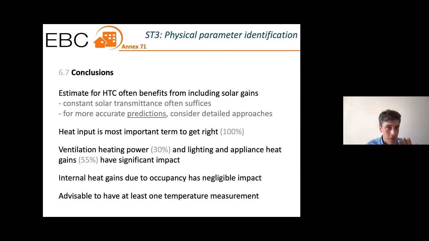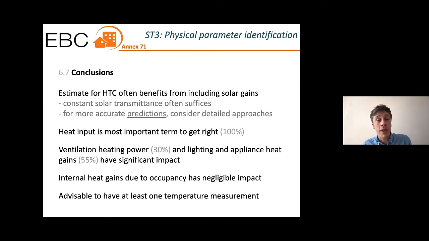And I will just highlight some of the conclusions that we got from doing this exercise, applying these different approaches on the different case studies. We see that of course the heat transfer coefficient often benefits from including solar gains. We also see that just including a constant solar transmittance often suffices for our purpose, so for estimating the heat transfer coefficient.